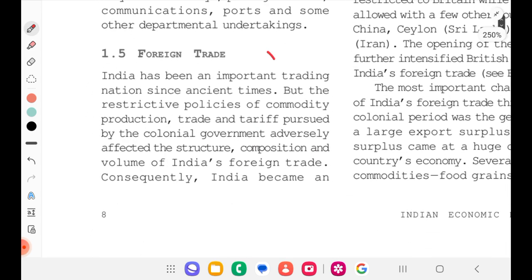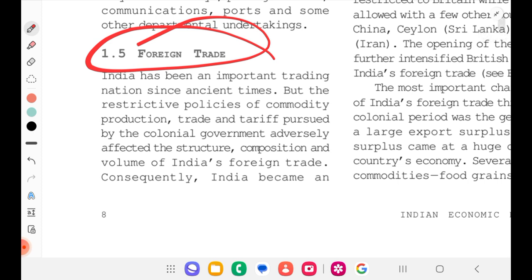Foreign trade. India has been an important trading nation since ancient times, but the restrictive policies of commodity production, trade and tariff pursued by the colonial government adversely affected the structure, composition and volume of India's foreign trade.